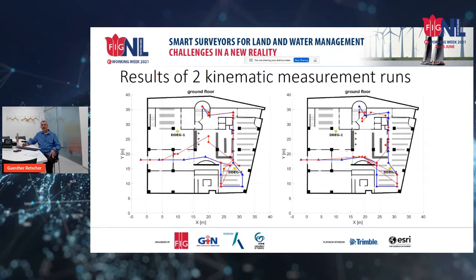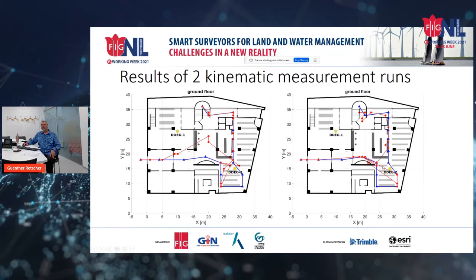Now some kinematic trajectories. On the left, you see a larger deviation here in the center. On the right, you see a better result. The problem on the ground floor was that we only have 2 access points in this area. And the geometry is therefore not very good.